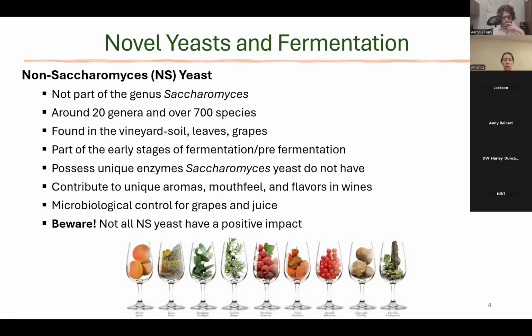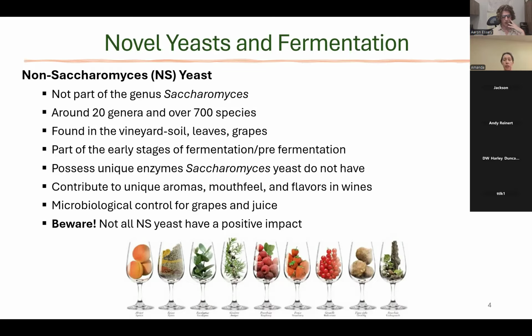We're really interested in these non-Saccharomyces yeasts because they contain some unique enzymes for flavor and mouthfeel enhancement that Saccharomyces yeast just don't have. And they can also contribute microbiological control for grapes and for juice by consuming dissolved oxygen, consuming other substrates that spoilage yeast might want.